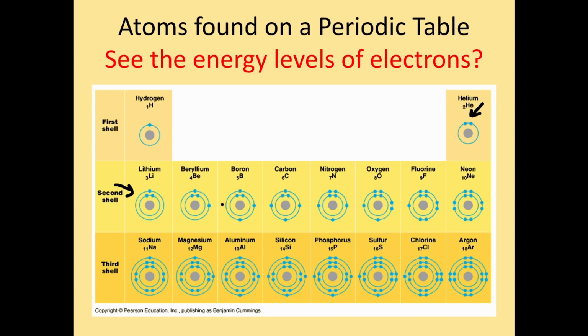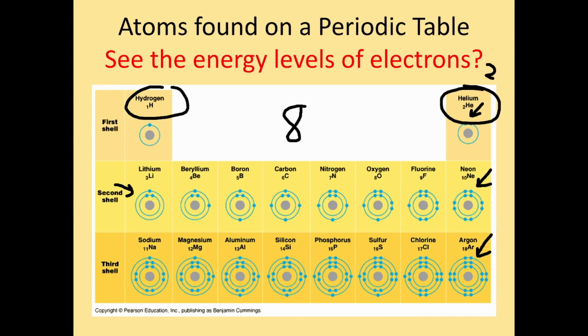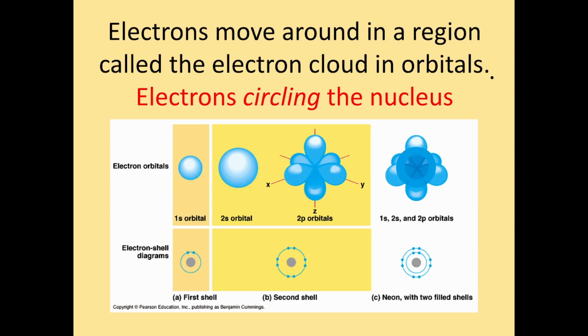And so each element will keep adding electrons until you get 8 on the outside. 8, that's very important. 8 is the magic number, right? And if we skip way down here, notice on the outermost level, there's 1, 2, 3, 4, 5, 6, 7, 8. There's 8 out here. That's super, super important. 8 is the magic number for most elements except hydrogen and helium, where the magic number is 2. And that'll make more sense here in a minute.